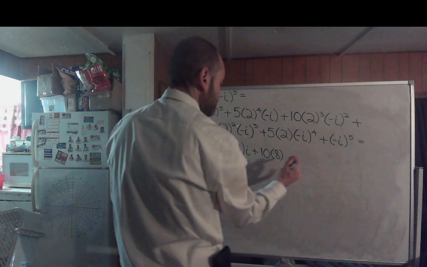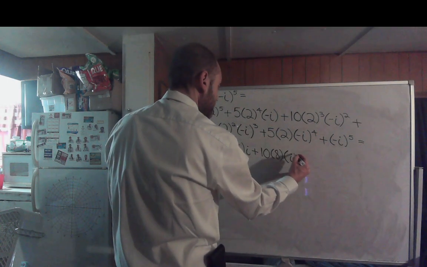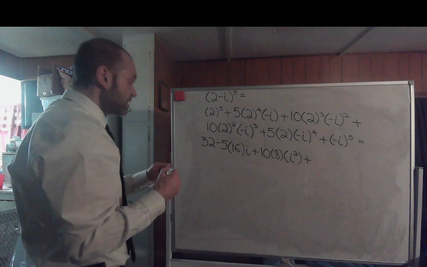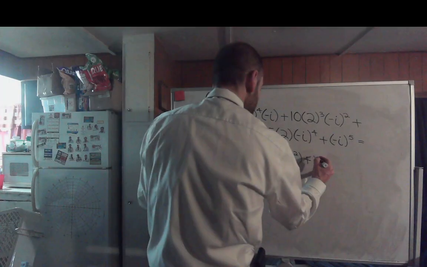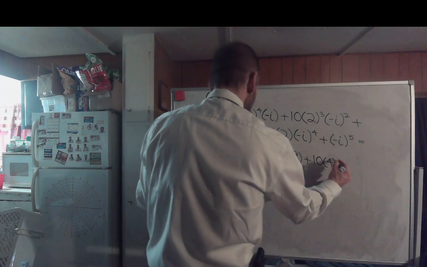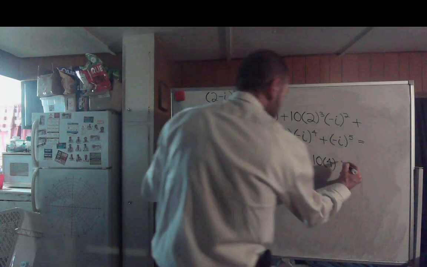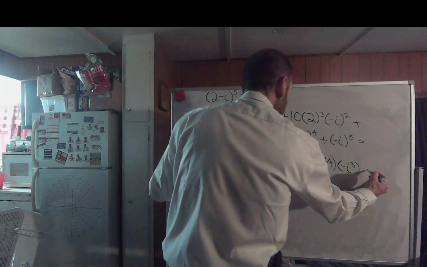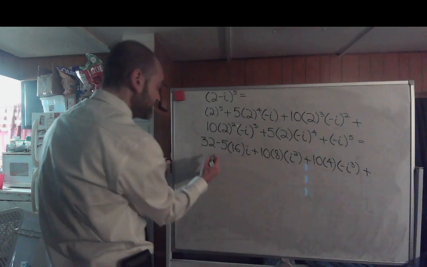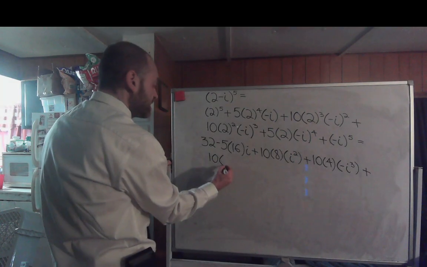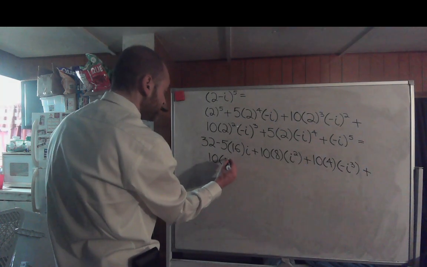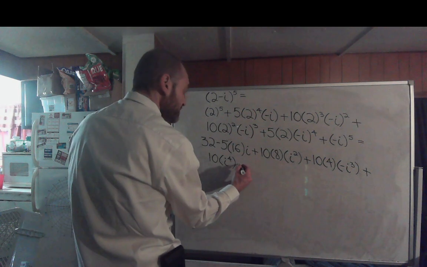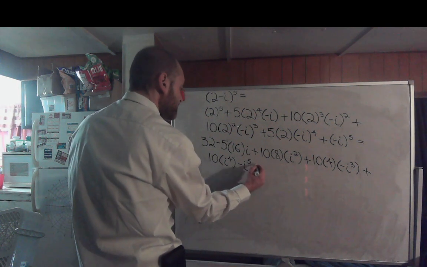Now negative i squared, that's just going to become positive i squared, plus, alright, 10 times 2 squared, that's going to be 10 times 4. Now the negative of i cubed, that would end up being, in fact, negative i to the third, plus, okay, 5 times 2 is 10, so that'd be plus 10, times now negative i to the fourth just turns in fact to i to the fourth, plus negative i to the fifth, so that would end up being minus i to the fifth.